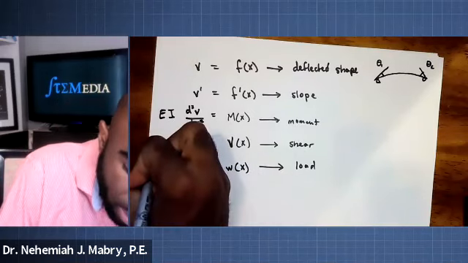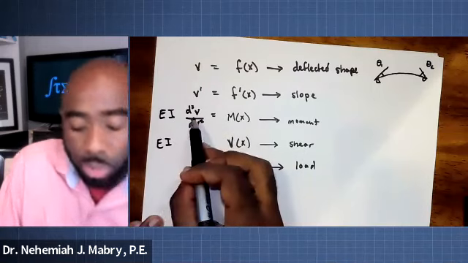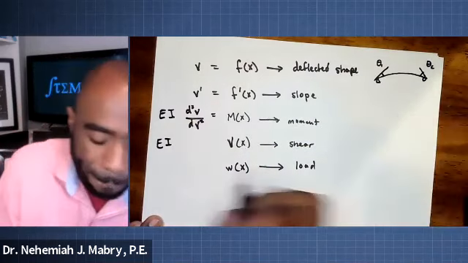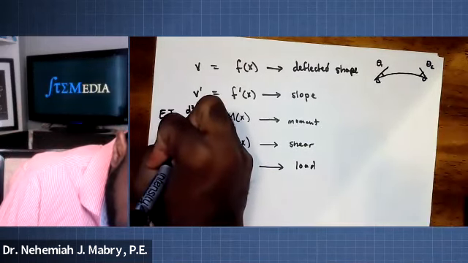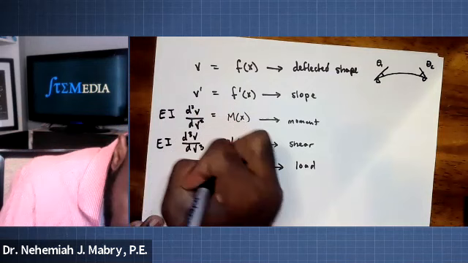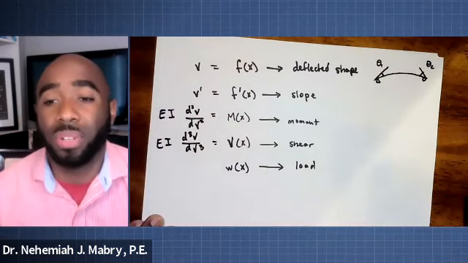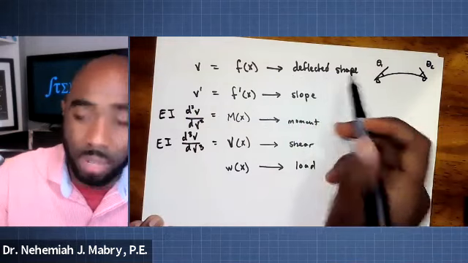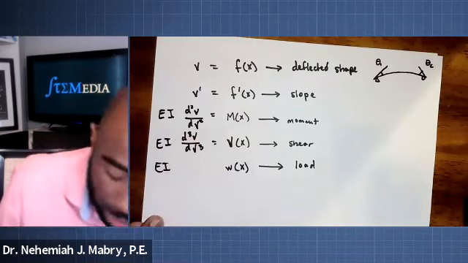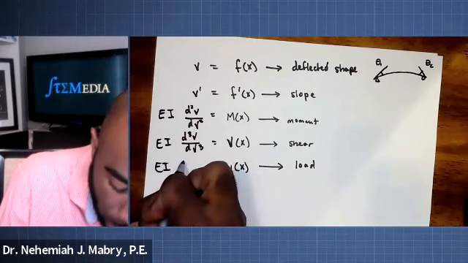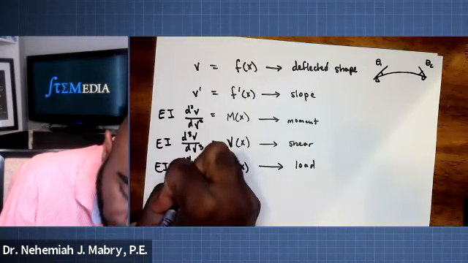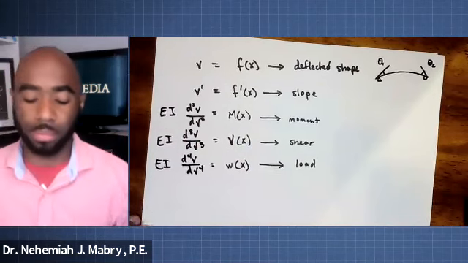We do the same thing down here, but because shear is a derivative of moment, what is it? If you said it is the third derivative, you are correct. Shear is the third derivative of the deflected shape. Down here at the load, again, if we want to know specifically what it is, we do EI times, as you probably already guessed, the fourth derivative of the deflected shape.